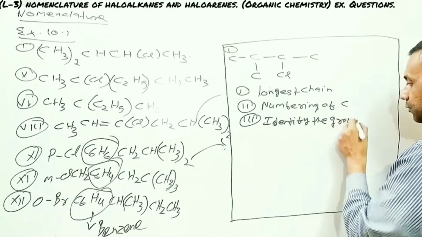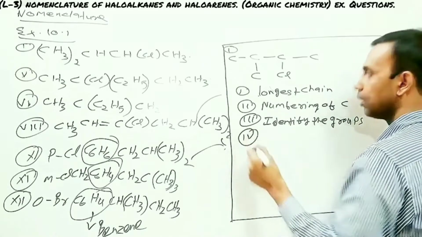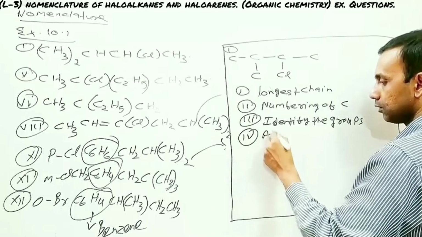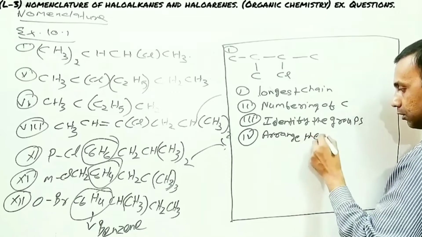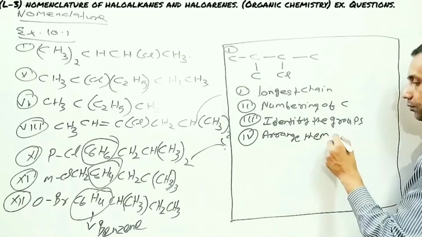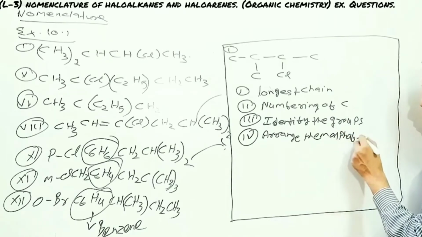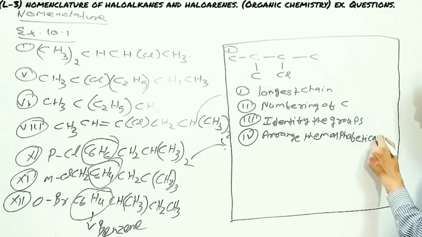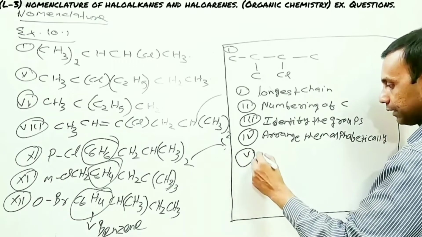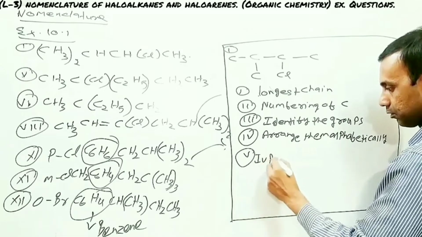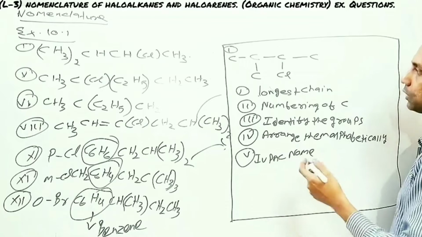So this is like I'm taking it from the basics. Identify the groups. And fourth, arrange them alphabetically. And the last thing you do is write the IUPAC name. Right? Okay, so let's start.